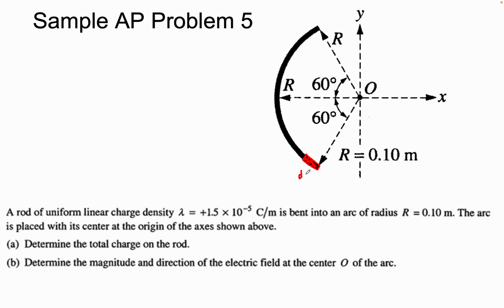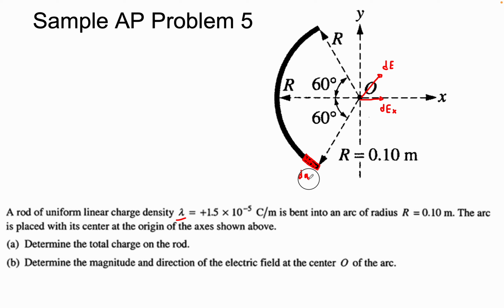Well, you figure out dq, you figure out the electric field dE due to that one, and then you know that in the end the net electric field is just going to be pointing this way. So you just find dE sub x for each one of these and then integrate it. We actually did one, and this is very much like your extra credit, except this time you actually have numbers. You've got lambda.